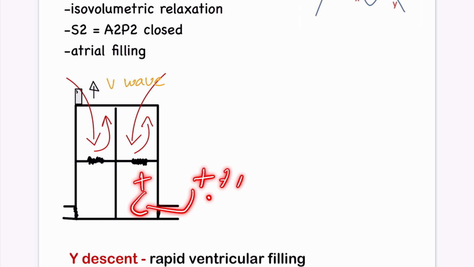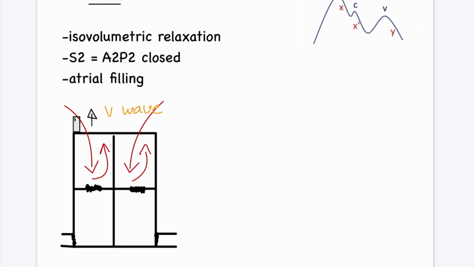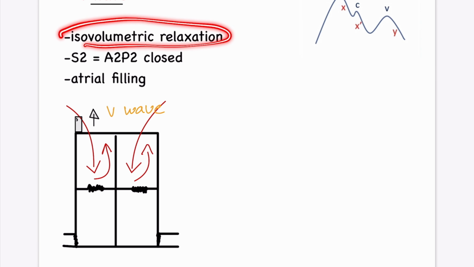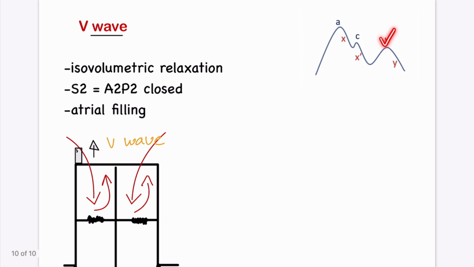So blood obviously flows from high pressure to low pressure. So this aorta and pulmonary artery closes, and this is known as the second heart sound, which is seen in the phase of isovolumetric relaxation. And in the case of isovolumetric relaxation also, all the valves are closed. So there will be more pressure here so that you can see the V wave.